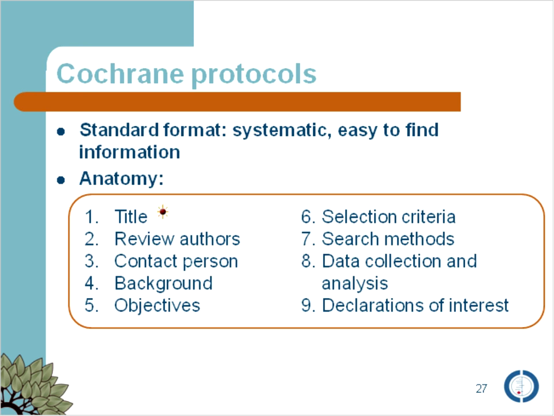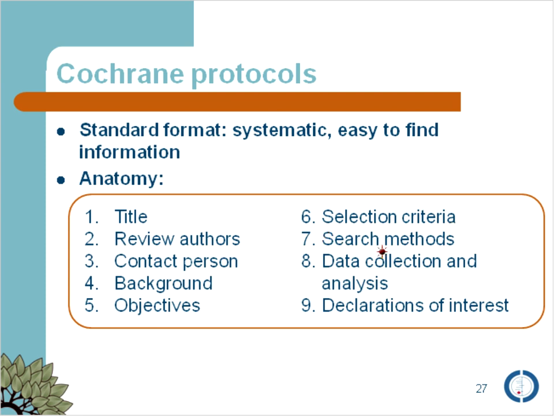A standard protocol would have a title, the review authors, and who the contact person is for the review. It should have quite a detailed background, giving the rationale for why you're looking at it, maybe information about the condition of interest, and information about the interventions you're looking at. It outlines the objectives, which is more or less your research question, and your eligibility or selection criteria.